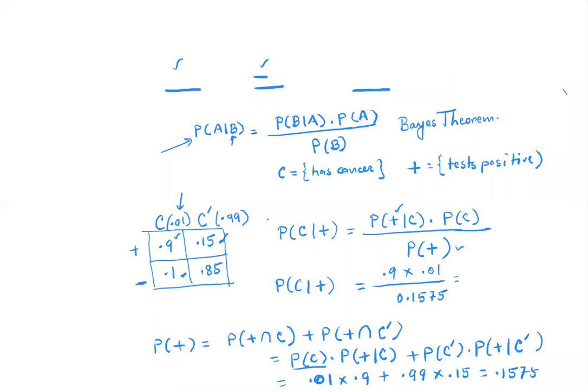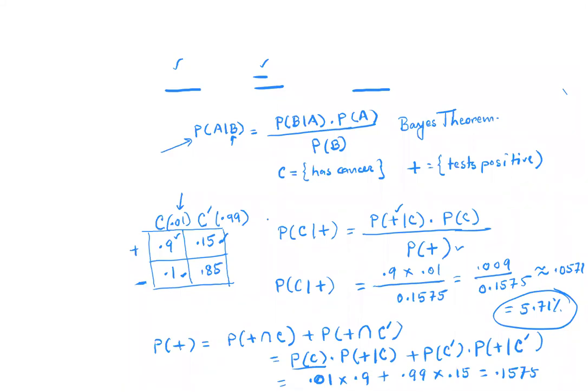If you do the math, it's 0.009 divided by 0.1575, which gives approximately 0.0571, or about a 5.71% chance that you have cancer, given that you randomly select a person from the population and test.